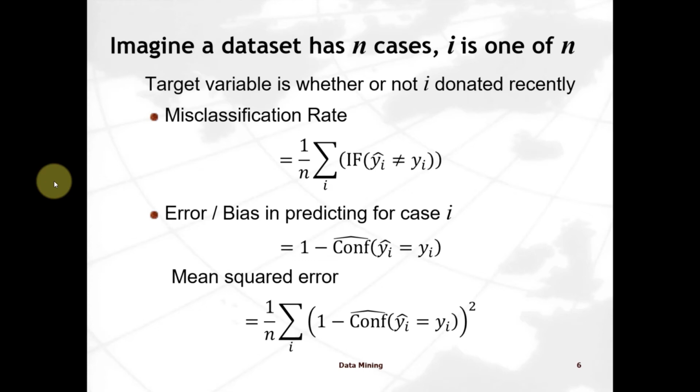Some of the leaf nodes have 90% confidence, and that will contribute to the reduction of mean squared error. Some of the other leaf nodes have a confidence level of 55%. That's quite vague. So that will add to the mean square error of the model.